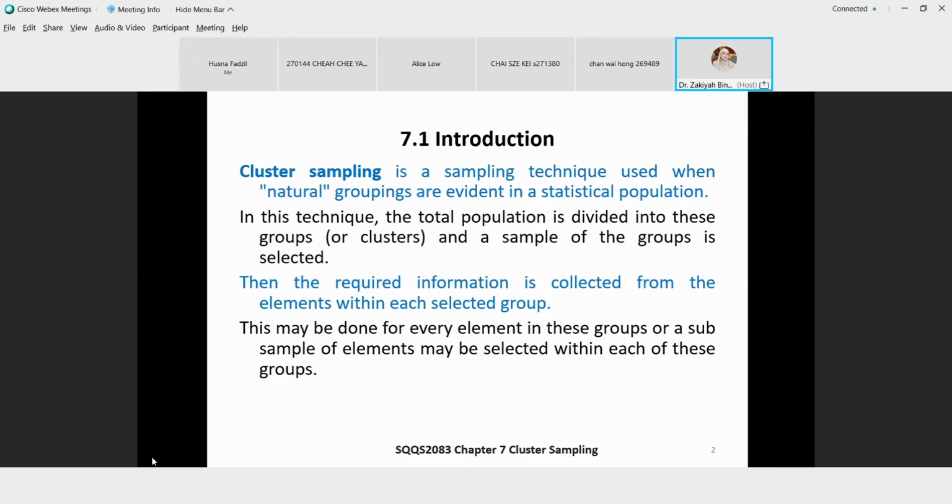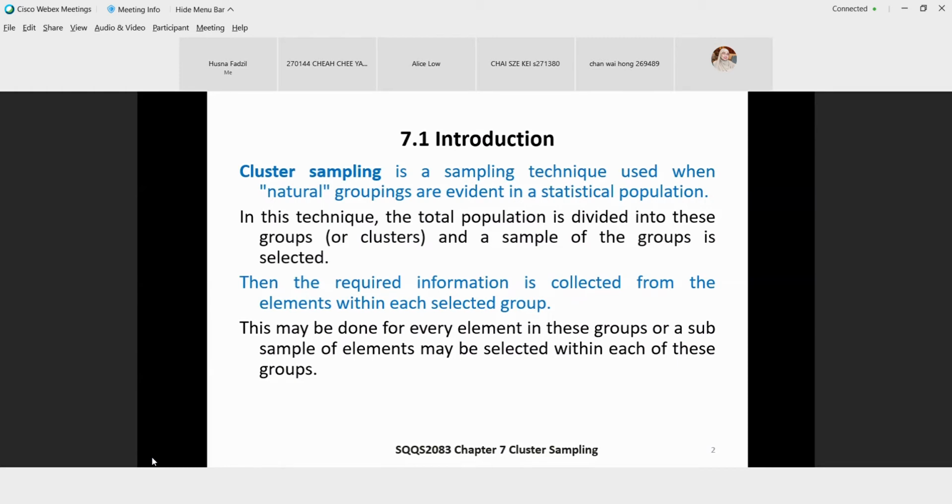You can select each and every element in the selected clusters or the selected groups, or you can select a subsample of elements, meaning that within the selected cluster you randomly select within it instead of taking every element within the selected group.